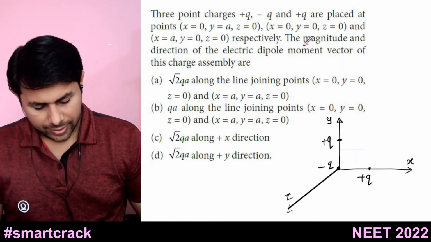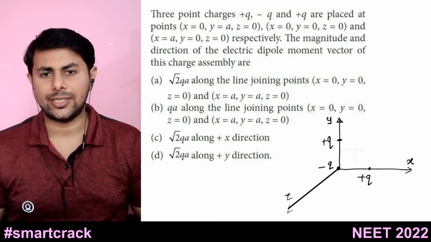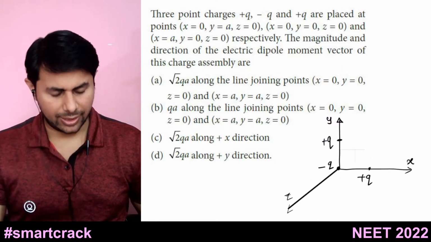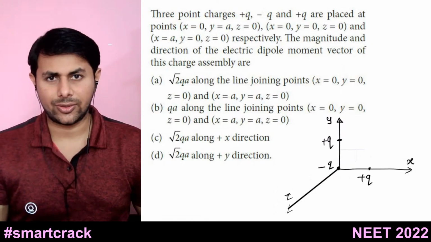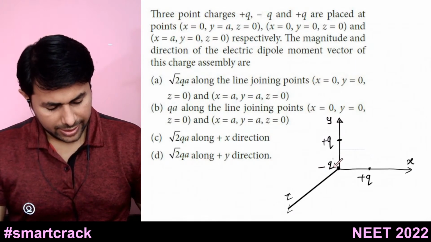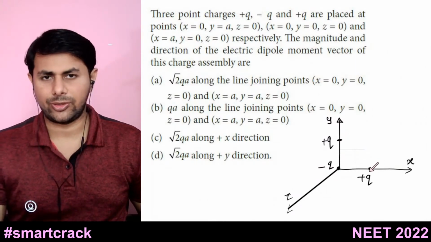All right. So the magnitude and direction of electric dipole moment vector of this charge assembly. You want to find out the magnitude and direction of the electric dipole moment. See, there are two electric dipole moments over there. One is because of this negative and this positive charge. The another one is because of this negative and this positive charge.